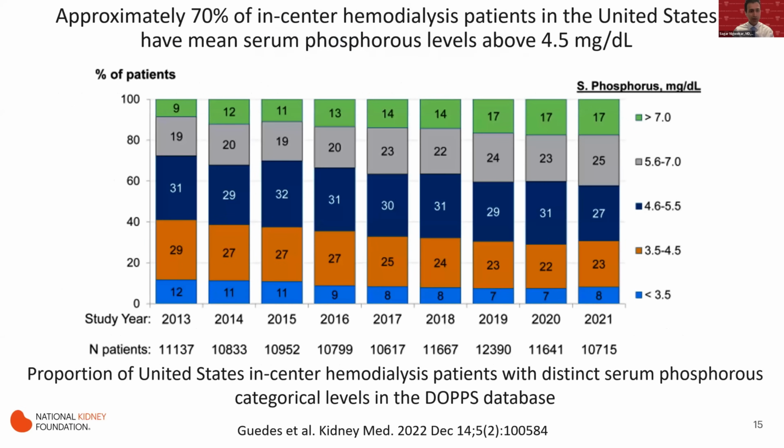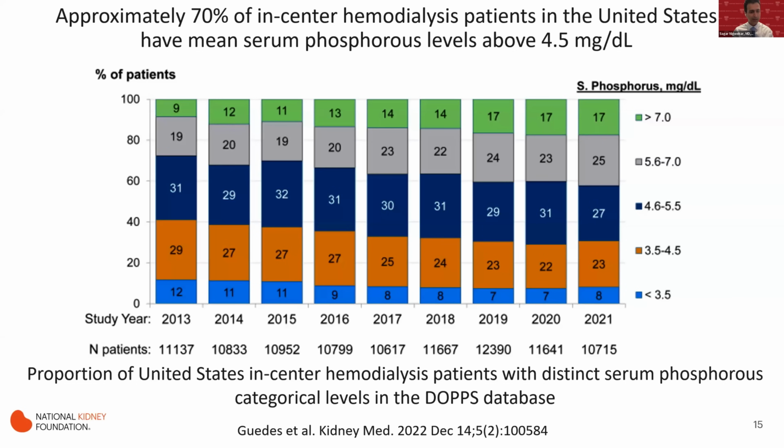And so when we look at the DOPPS database, this is one of the recent publications that highlights the overall proportions of dialysis patients who are staying within the different categories of serum phosphorus. Here on this slide is data from the DOPPS, restricted to chronic hemodialysis patients in dialysis units in the United States.